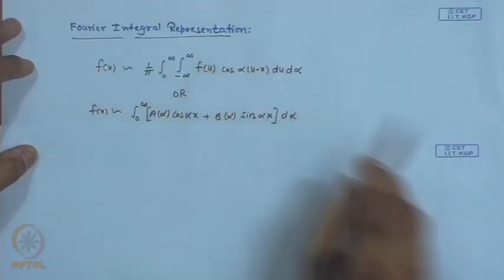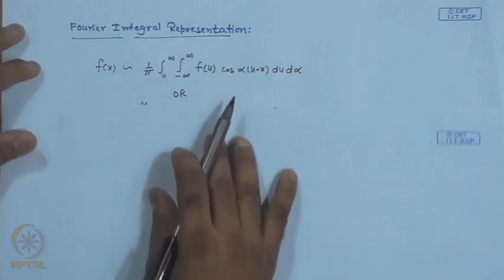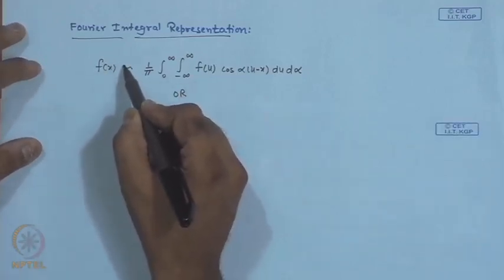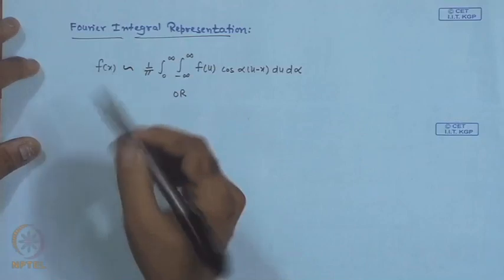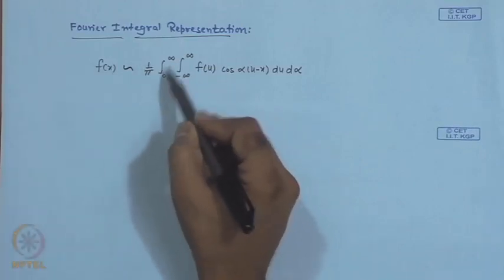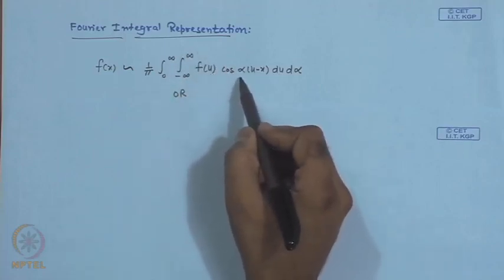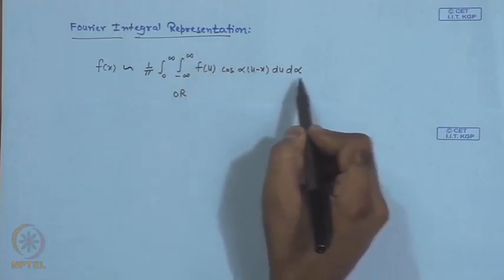We started with the Fourier integral representation. A function f, which is not periodic, can be represented by the integral 1 over pi, 0 to infinity, minus infinity to plus infinity, f(u) cos(alpha(u minus x)) du d alpha.